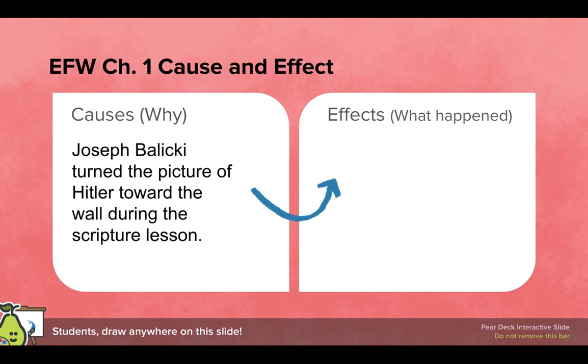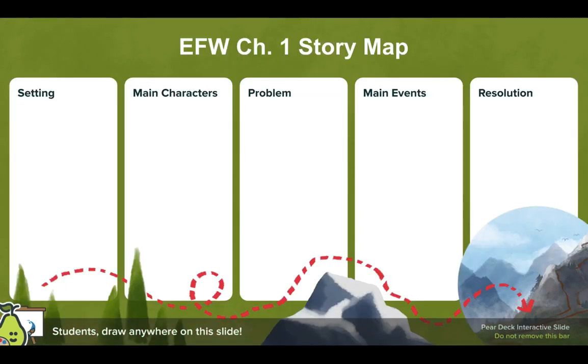Joseph Belitsky turned the picture of Hitler toward the wall during the scripture lesson. This is the why. What did it cause to happen? What was the effect of that? Now, if I've done this right, you should be able to write in what happened. We'll give it a try. All right, I'm going to go to the next slide.